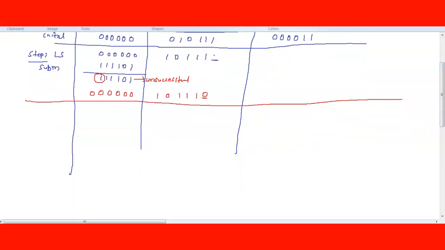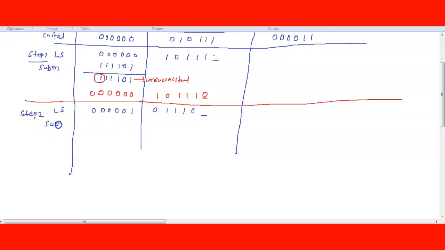Now in step 2, left shift. So 0 0 0 0 0 and 1, this value will come here. Here 0 1 1 1 0, and this bit is empty.